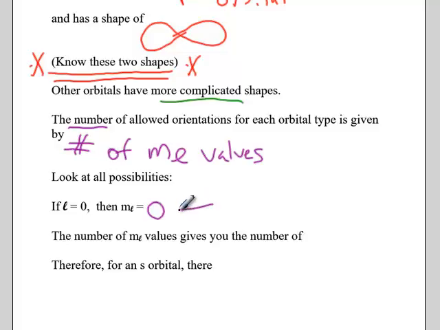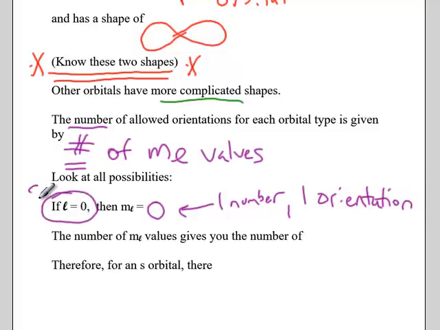And that is telling us how many allowed orientations we're going to have. So this is one number that's possible for m sub l, which means we have one allowed orientation for this type of orbital.